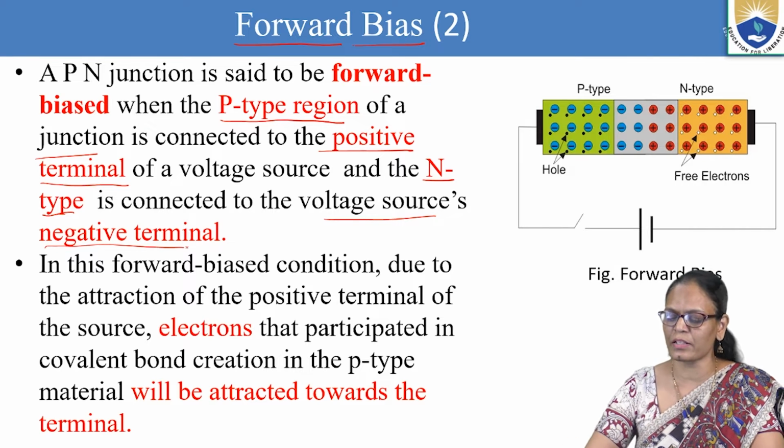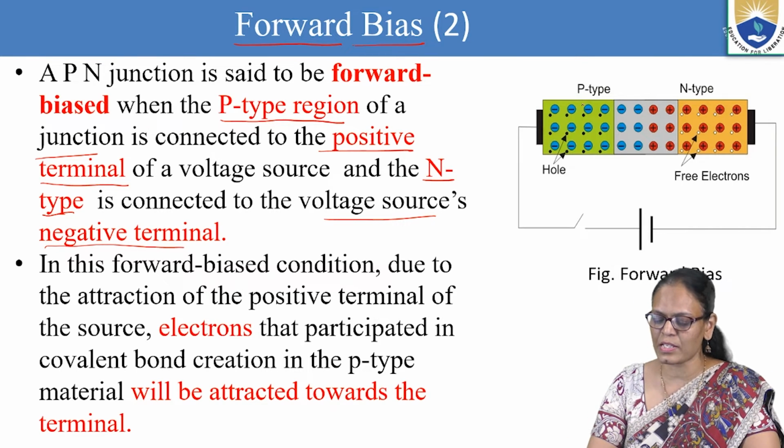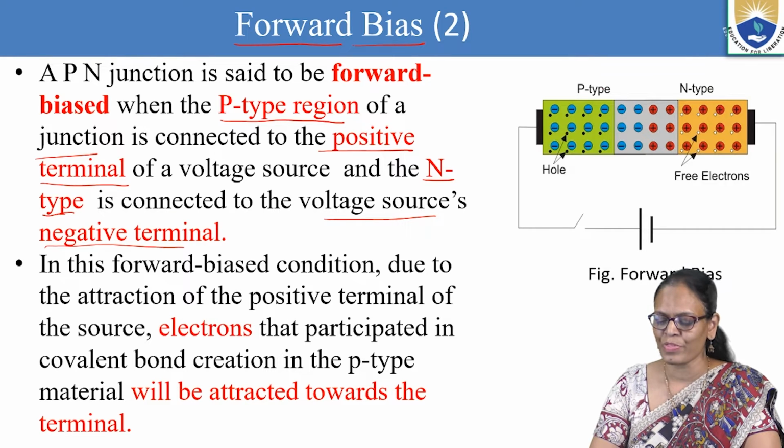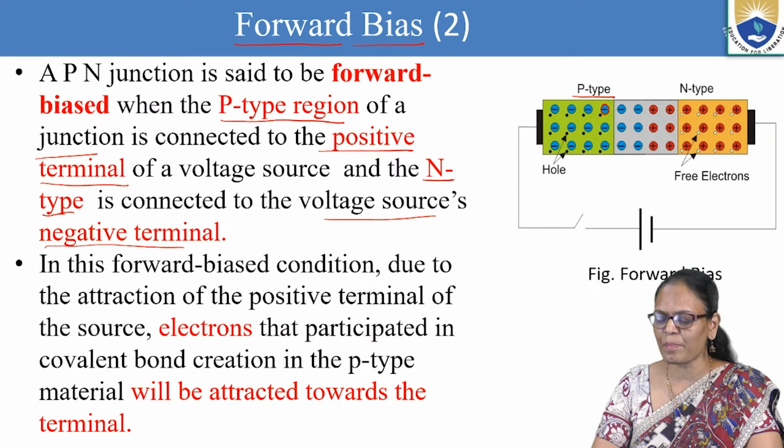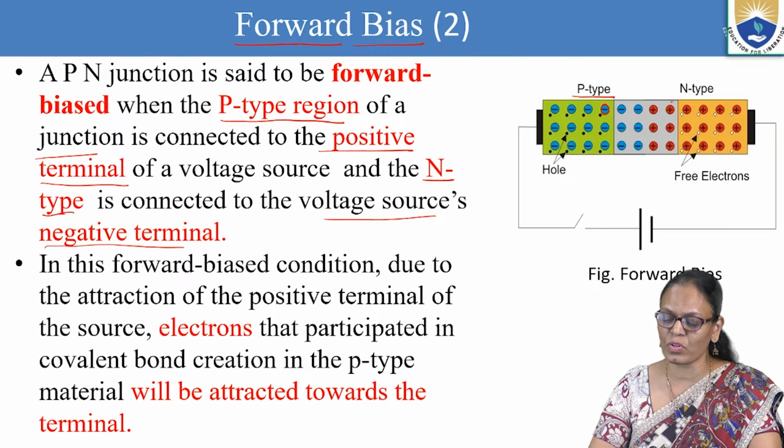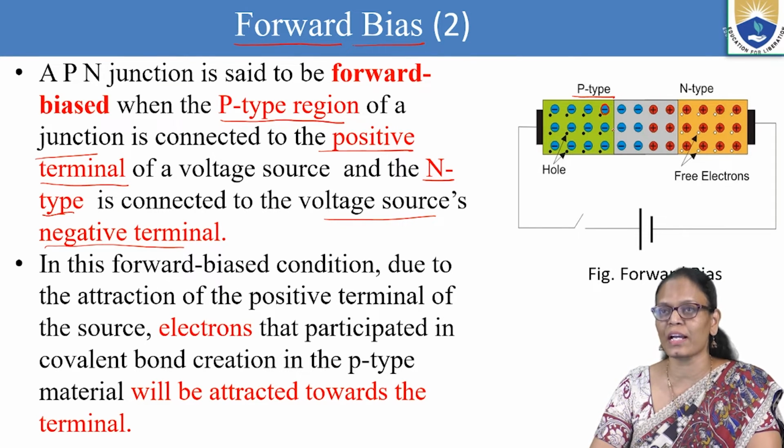What we have discussed till now is that this is the p-type and n-type brought together. P-type has majority holes and n-type has majority electrons. Some of the electrons crossed the junction and moved to the other side, and the holes moved to the p side.